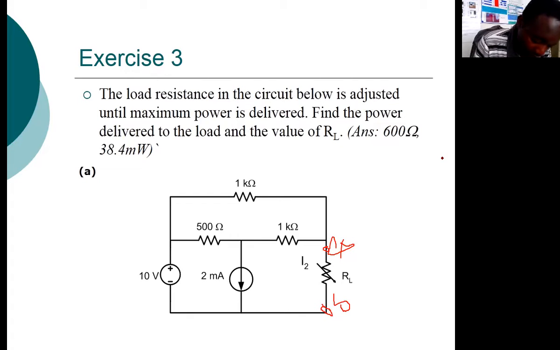This point is also B. And so the voltage drop across those 2 points will be the drop across the 1 kilo ohm resistor. And that drop will be 0.4 times 1, which is 0.4 volts. And in that case, A is negative.